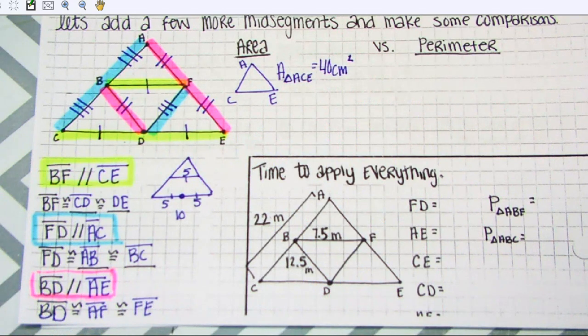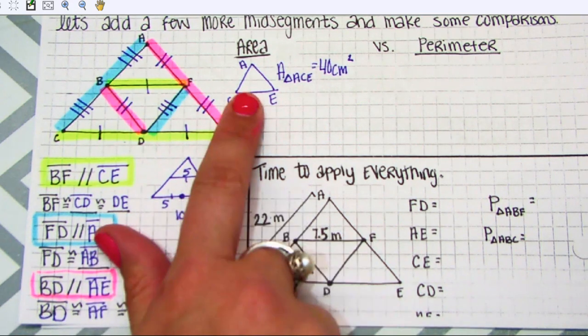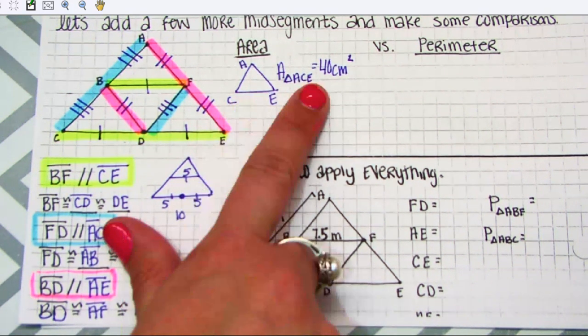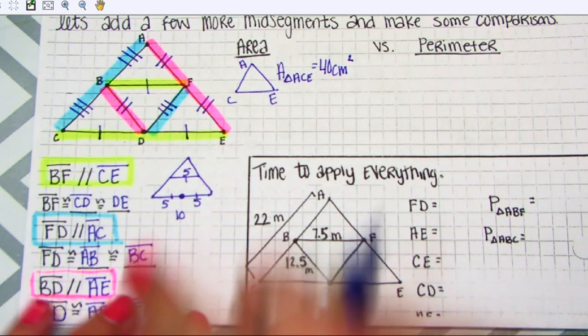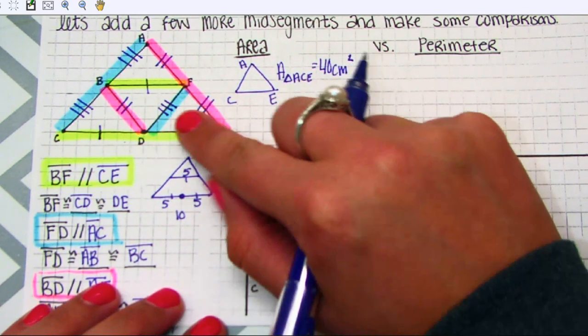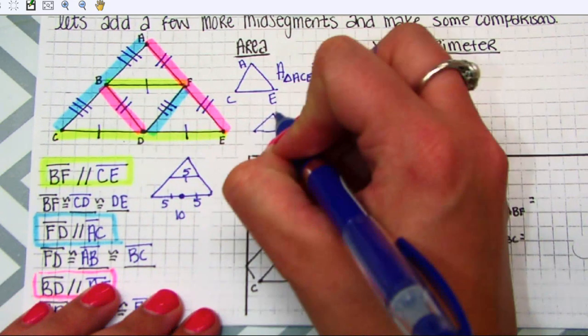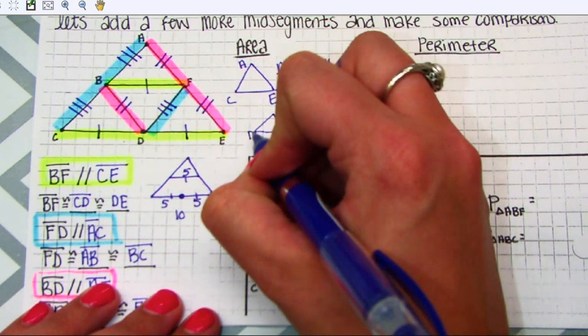Now, we haven't really talked about area in much detail yet, but we will. But area just means if I wanted to cover the entire floor of this triangular house, I would need 40 square centimeters of tile or carpet, okay? Now, what if I want to find the area of just this little tiny triangle, triangle FDE?